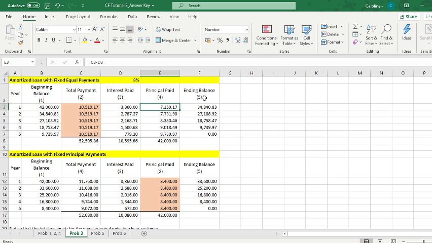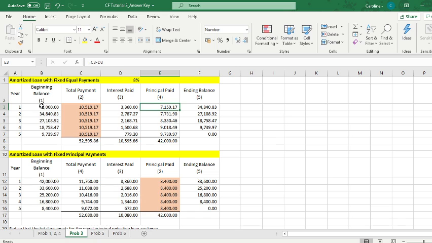And the ending balance is calculated by subtracting the principal paid from the beginning balance. Remember that you have to calculate the ending balance of your loan with the beginning balance minus the principal paid. Why? Because the interest paid is not a subtractor if you want to repay the loan.